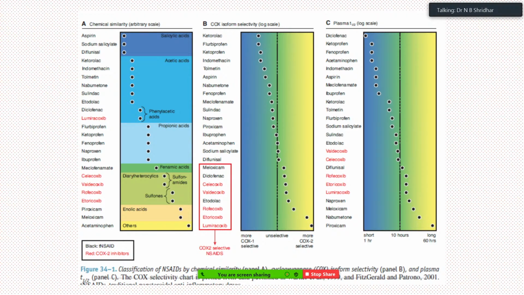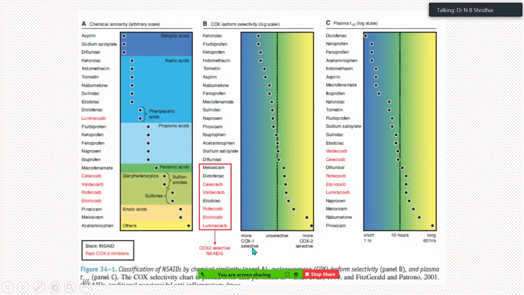Here, in this particular table, is the classification of the NSAIDs by chemical nature. Here you can see so many NSAIDs, especially the initial COX-1 inhibitors or non-selective inhibitors, like aspirin and other drugs, which have better analgesic and antipyretic activity and poor anti-inflammatory activity.